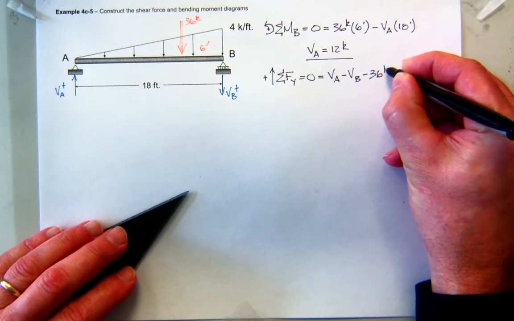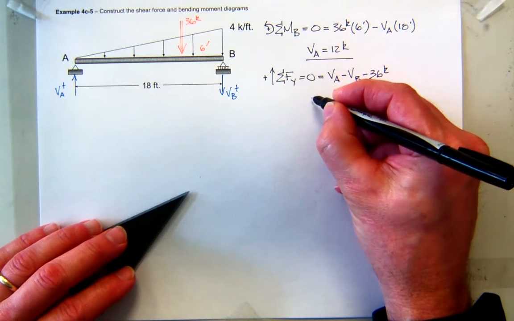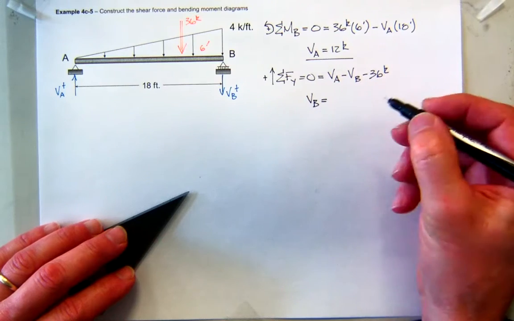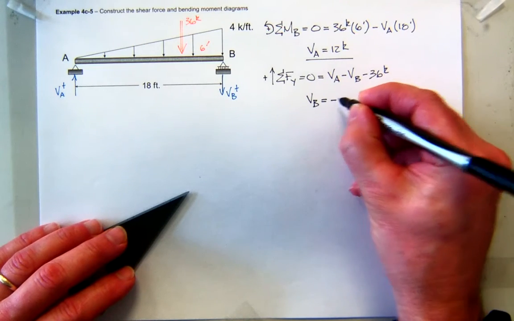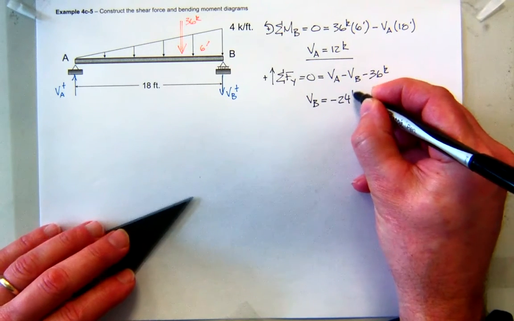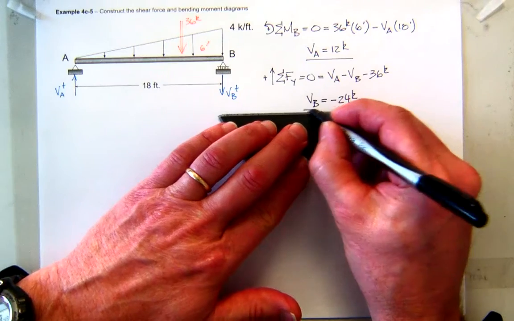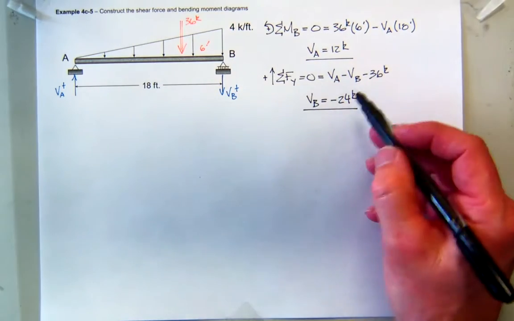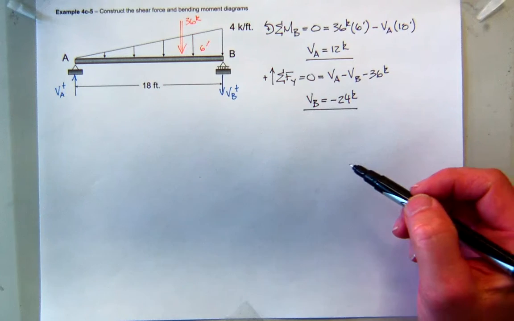That's my concentrated equivalent. So I should be able to find the shear at B, and it looks like it's going to be negative 24. So I've got a negative shear at B and a positive shear at A, as you can see by my sign conventions.